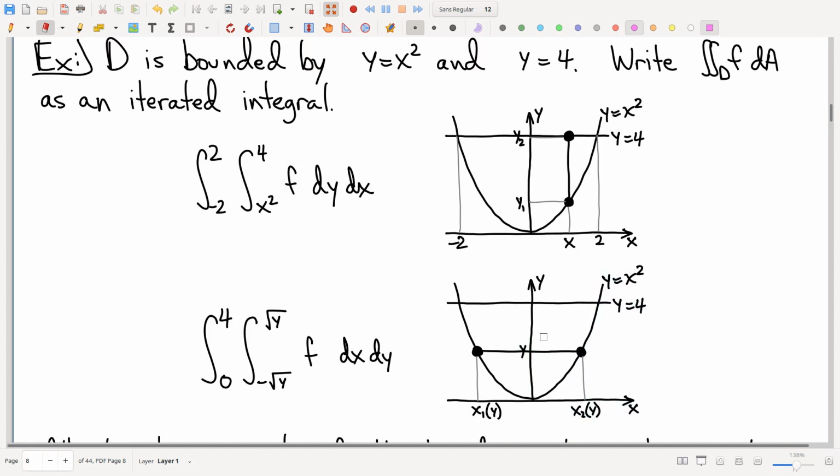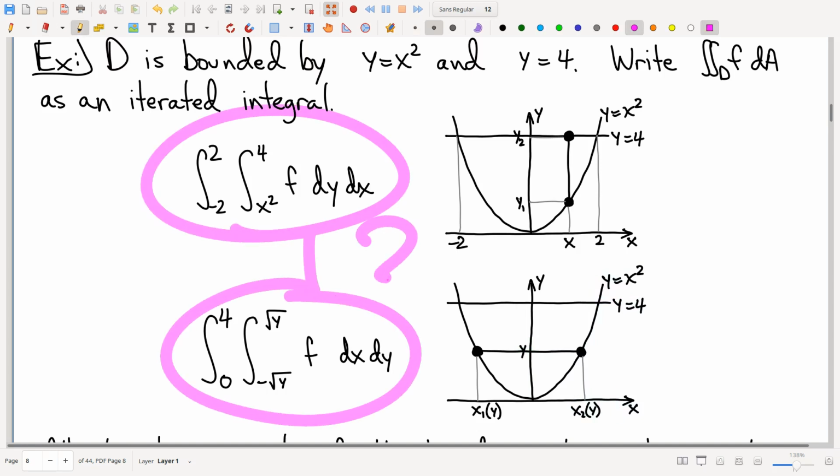What I want to get on to now is which one of these integrals do we like better? I mean, I think it's pretty clear that we should like this one here, right? And I don't like this one. Now, let me be explicit about why I don't like this one down here at the bottom.